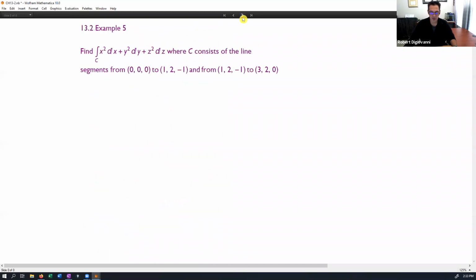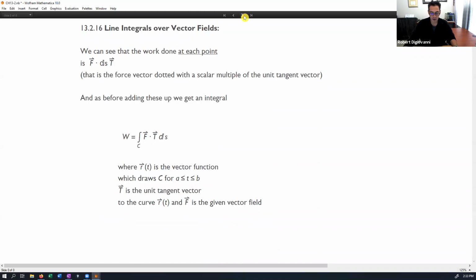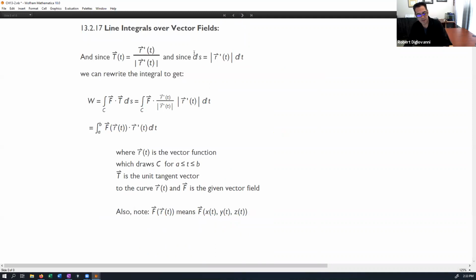So that's what this note is saying here, that since ds is really that, then when we do this work integral, F dot T ds, the T we replace with that, and then ds we replace with this, and these cancel.